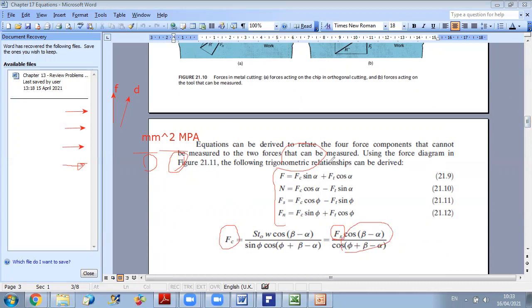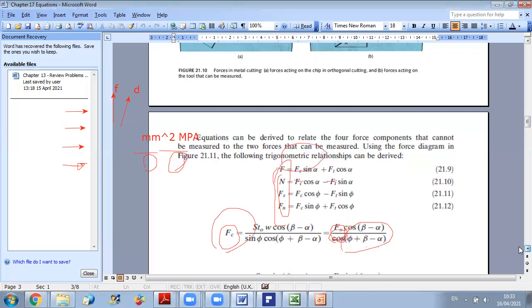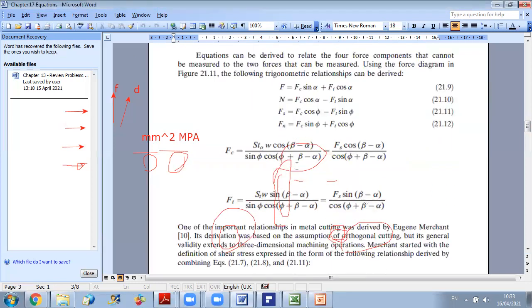I mean, in the previous problem, when you know the cutting and the thrust force, you can determine all other forces. Now, if you just know the shear force and beta, alpha, and phi, you can determine the cutting force and the thrust force. Just by using the combination of previous equations, you can get these two.